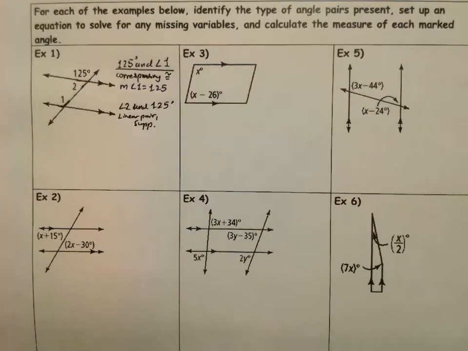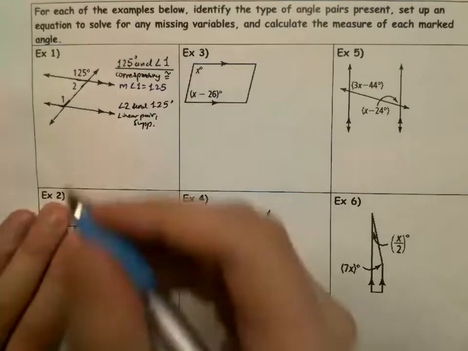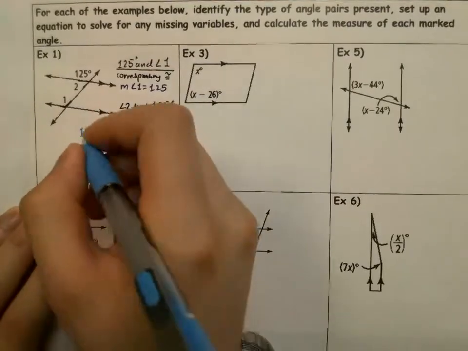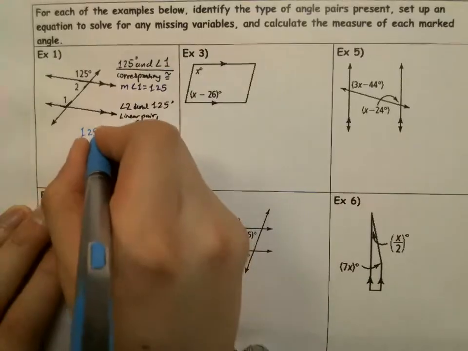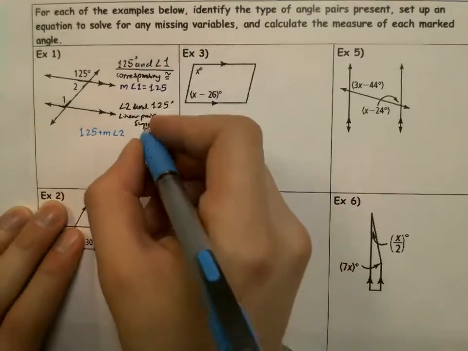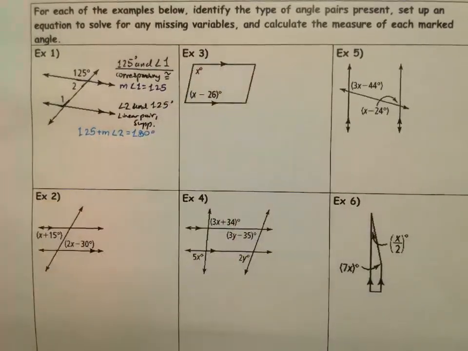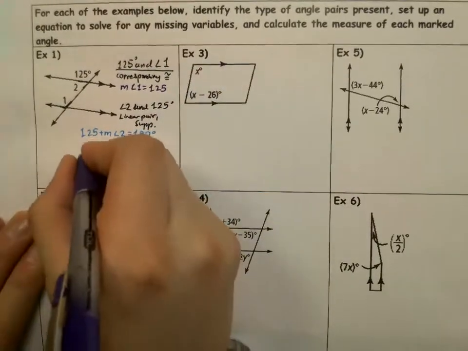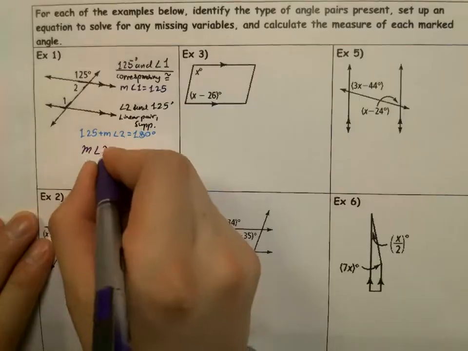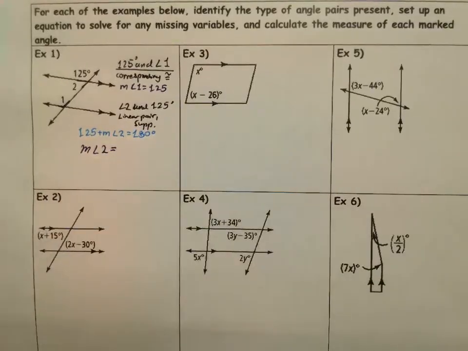This means supplementary for short, okay? That means that I can state that 125 plus the measurement of angle 2 equals 180 degrees. The measurement of angle 2 will then equal what? What's 180 minus 125?